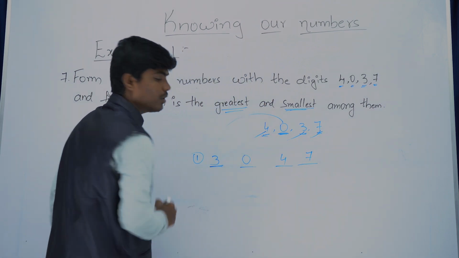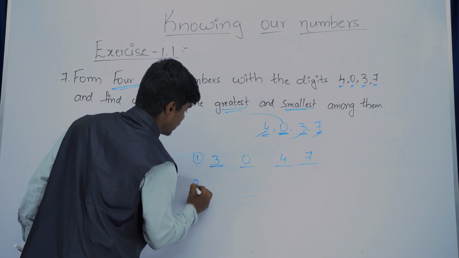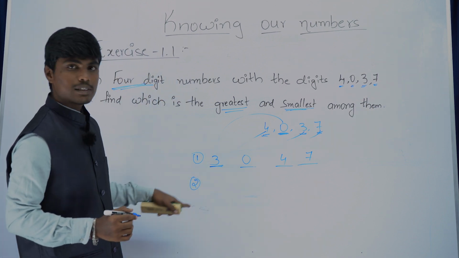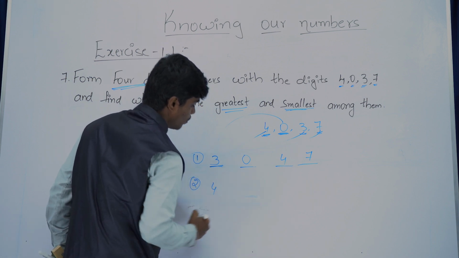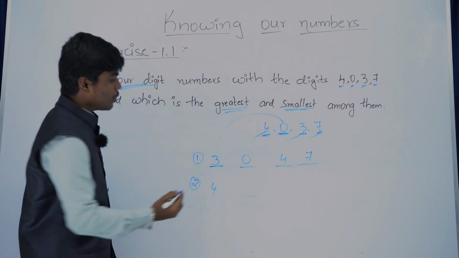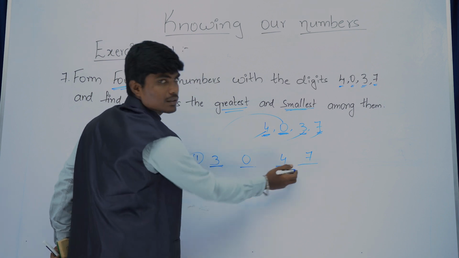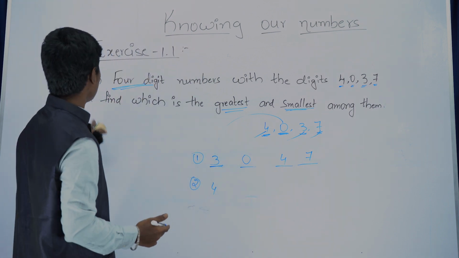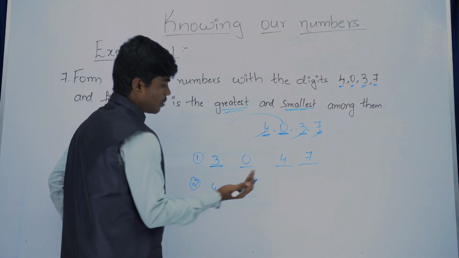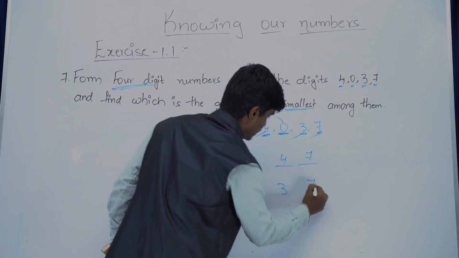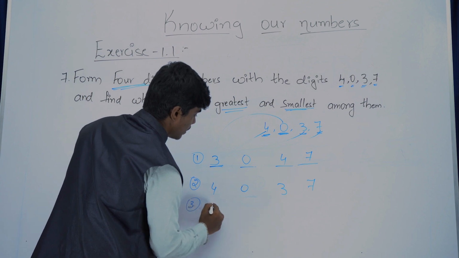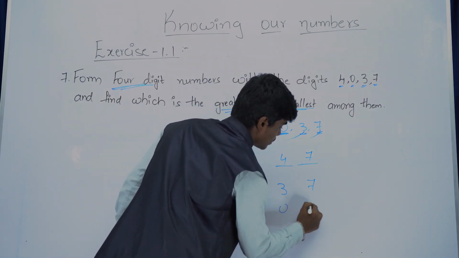Here we have got one number. Now the second number, start it with 4. You can use any numbers in the other places: 0, 3, 7. Otherwise, you can write 4, 3, 0, 7.